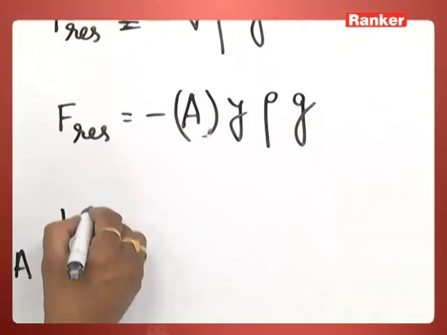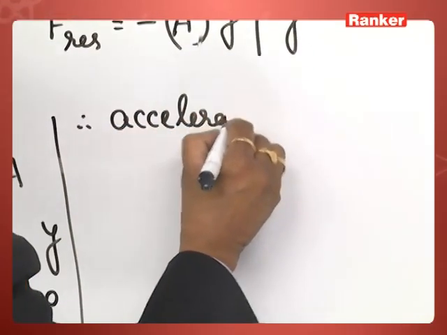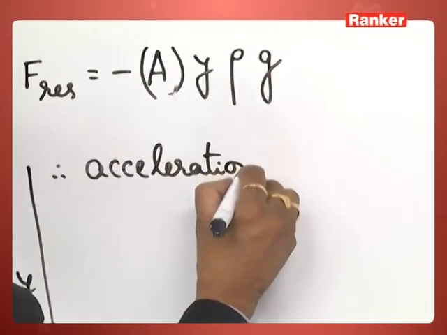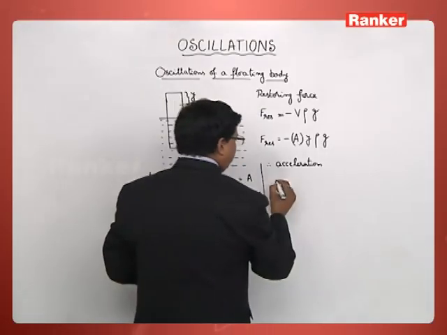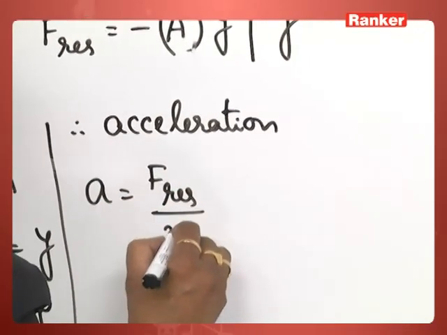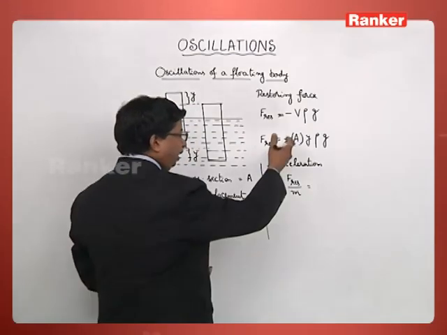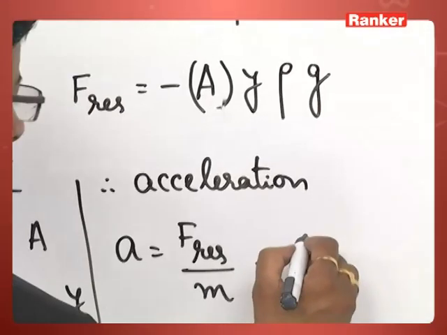This gives you the acceleration of that oscillating body. Acceleration of that oscillating body now becomes restoring force divided by the mass. Already we have calculated what is the restoring force over here.